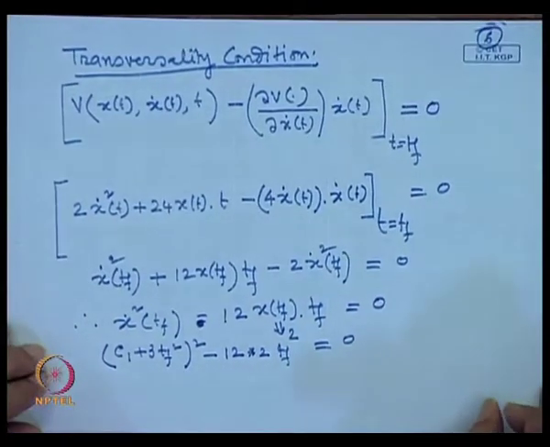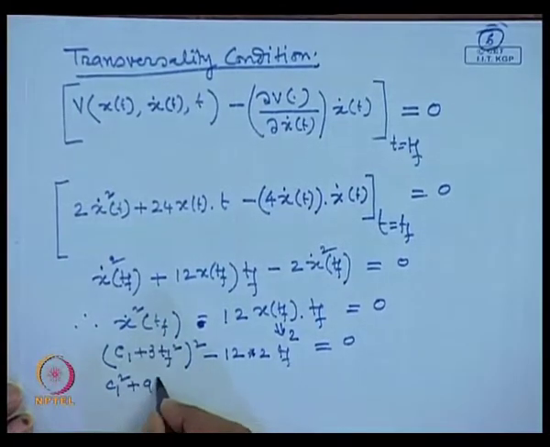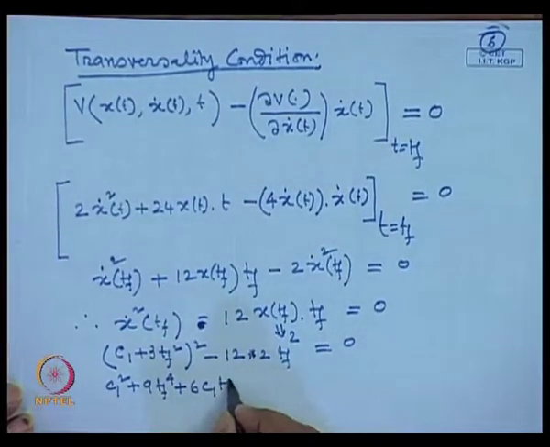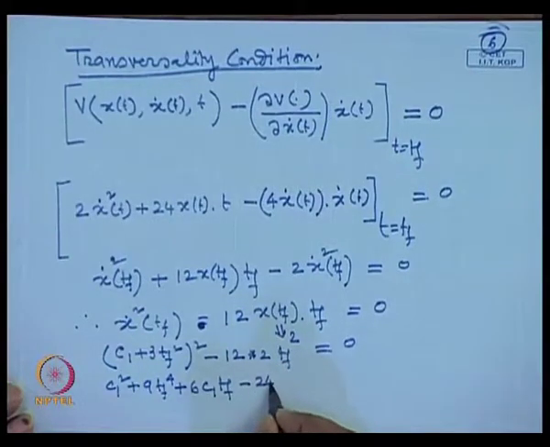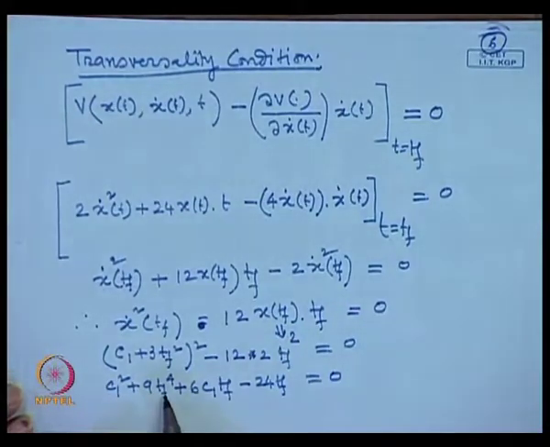So, if you simplify that one, C 1 square plus 9 T f 4 plus 6 C 1 T f square, then minus 24 T f, this is equal to 0.